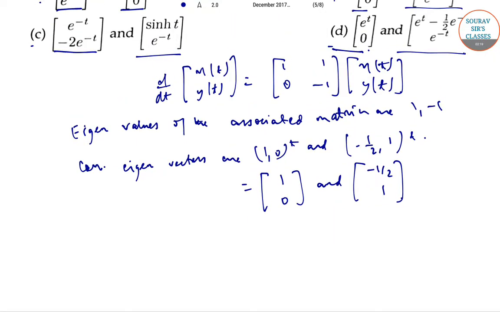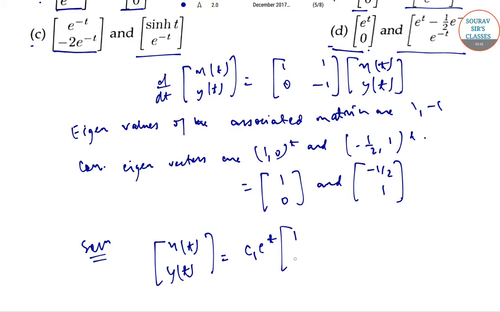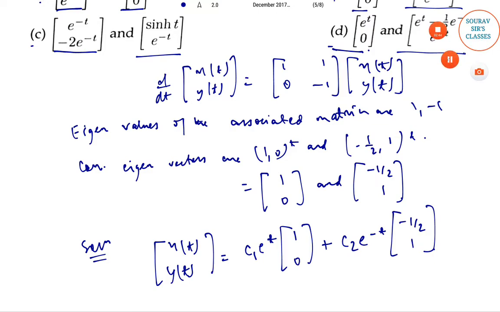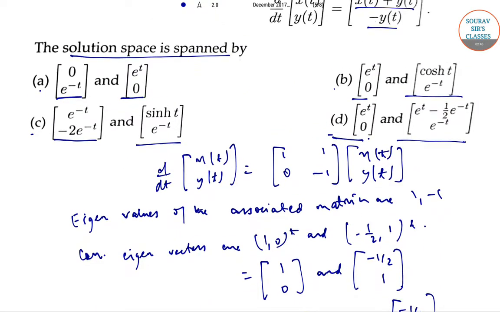Thus the solution of the system is given by (x(t), y(t)) is equal to c1 e^t (1, 0) plus c2 e^-t (-1/2, 1).